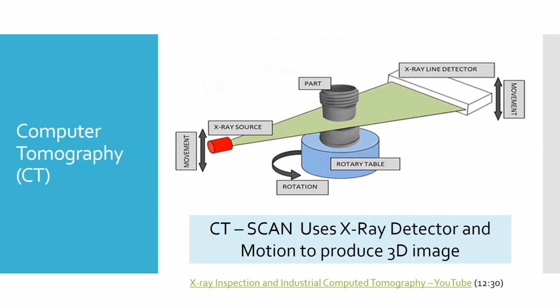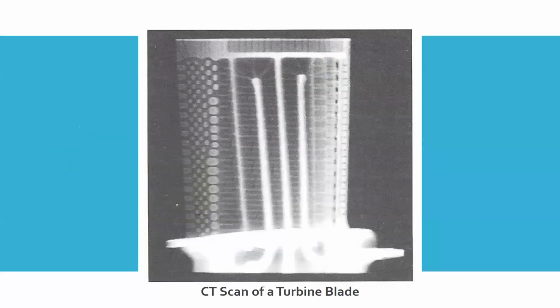And so this is the type of equipment where you can essentially section a part from any angle. You can do a fly through of it. And these are used oftentimes for things like fan blades or turbine blades to look at internal passageways.